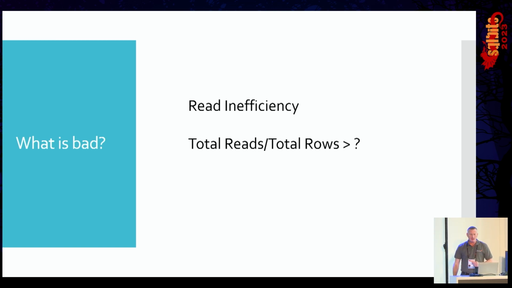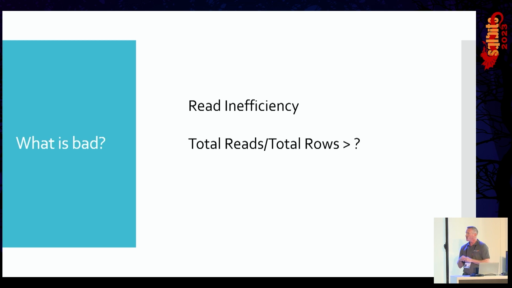I started to look at this reads to rows ratio. This is read inefficiency. I had to read a lot of pages, and if you look at some of the plans out there, it can be millions, tens of millions of read operations for how many rows desired. That could be single digit. That's a bad, bad ratio by my definition for sure.